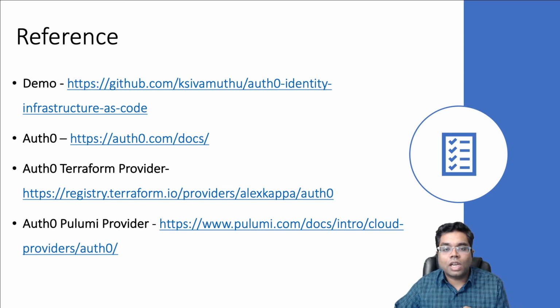And we have seen first-class support tools like the Auth0 Deploy CLI and the GitHub deployment extension. And then we saw how the Auth0 Terraform provider works and how we can integrate that into GitHub Actions. And finally, how you can write the infrastructure as code in multiple languages using Pulumi and the Pulumi Auth0 provider.